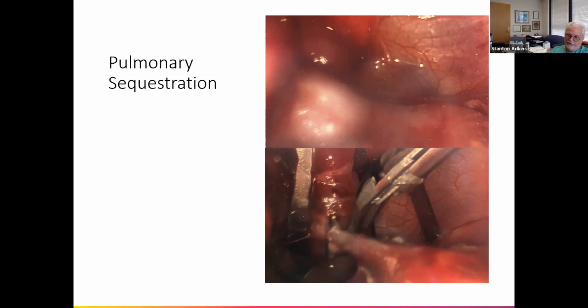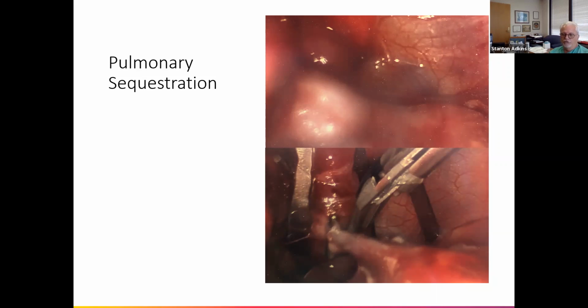A CT angio, yes, or just a plain old CT with contrast will be adequate to show you this. The CT angio will probably be better because they spend a lot of time fussing to make sure that they can see things.